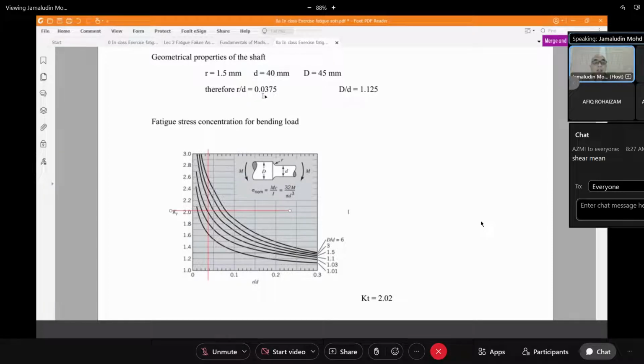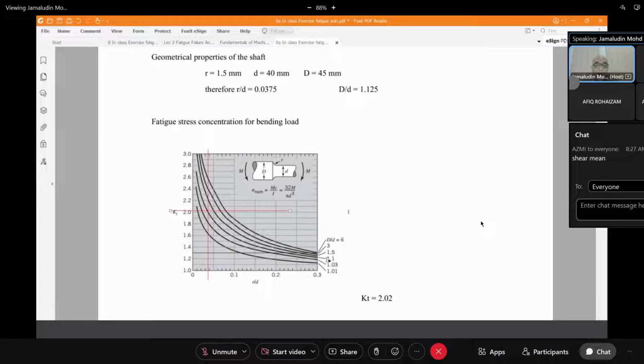Therefore, R over d is 0.375 and D over d is 1.125. Looking at this one, it's roughly three quarters of the way between 0.03 and 0.04. Then we draw a line. Then we have to look at the line for 1.125.